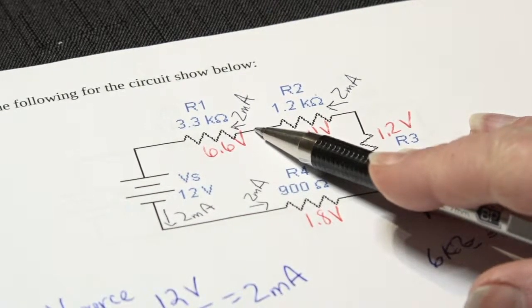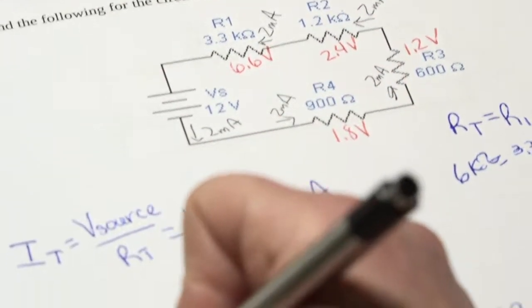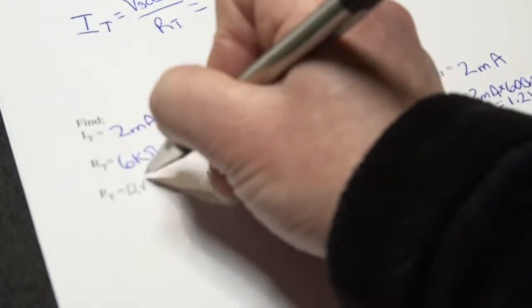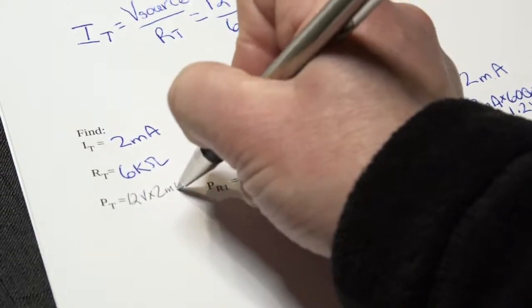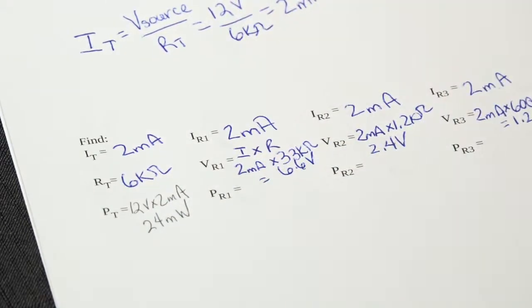Now, how do we find the total power? Well, that is going to be our voltage source of 12 volts times 2 milliamps, which gives us 24 milliwatts.